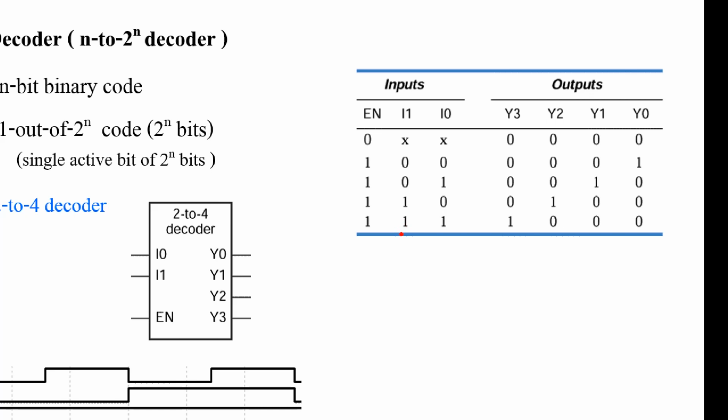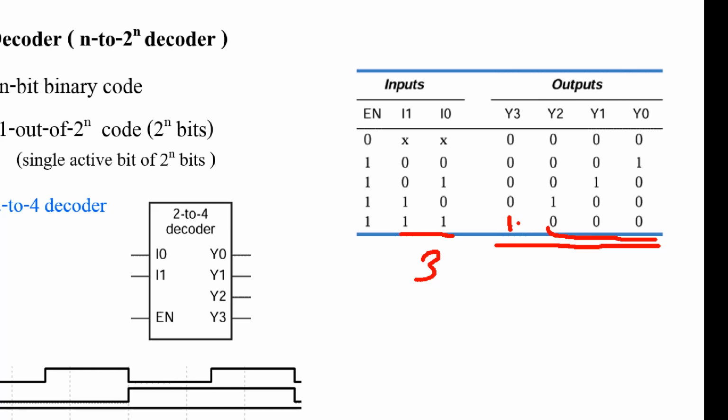And when I1, I0 is 1, 1, it means 3, right? Y3 will be 1, and Y2, Y1, Y0 will be 0.